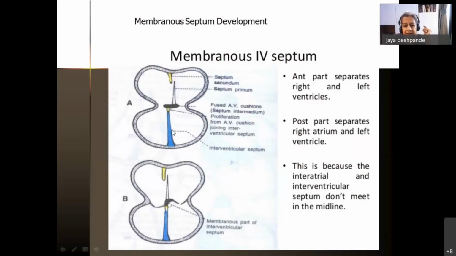The anterior part of this septum is between the two ventricles, but since it is not a straight structure, there is no proper alignment, you have all this complex arrangement. So the membranous septum has an interventricular portion and an atrioventricular segment.